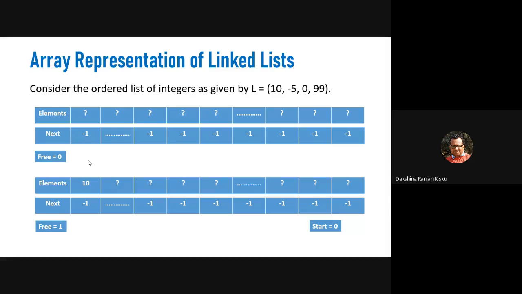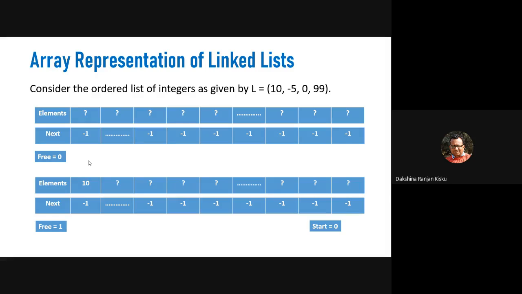So basically, if element I represents the element of the ith node, then next I represents the link part of the ith node. Initially all locations in the next array will be occupied by -1.